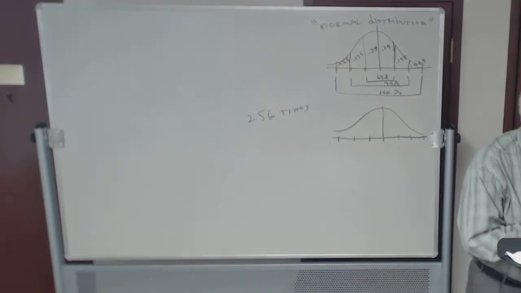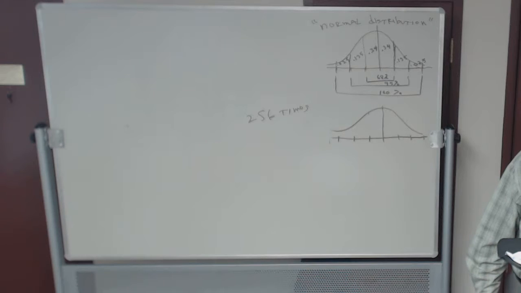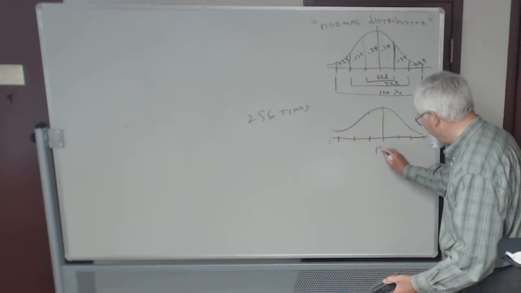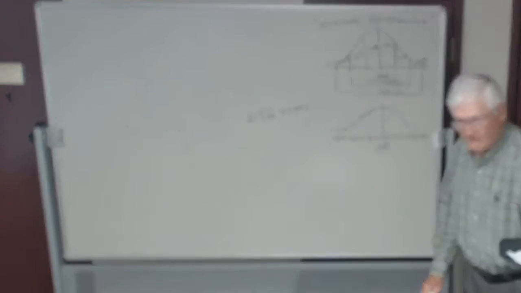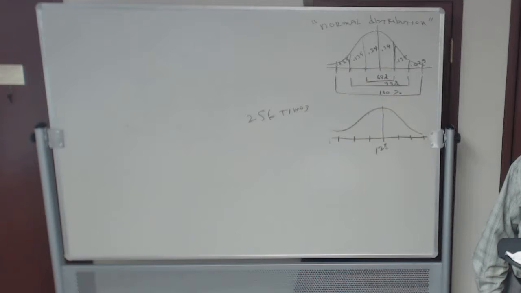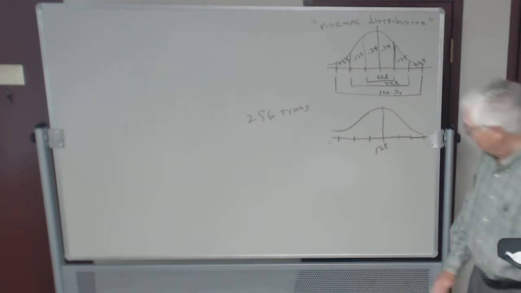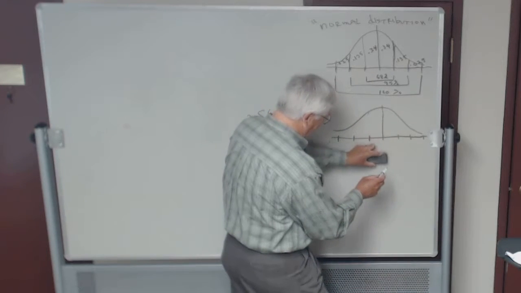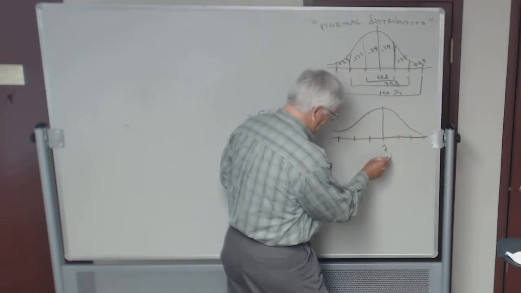So as soon as the problem says that it's an approximate normal distribution with a mean of 128, and a standard deviation of what? What's it say, problem 6? 8. So what's this number here? This number is 128.